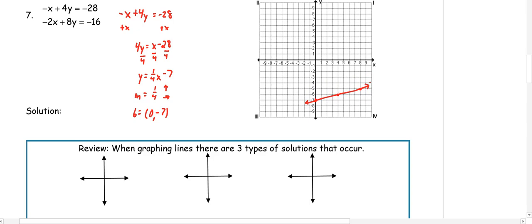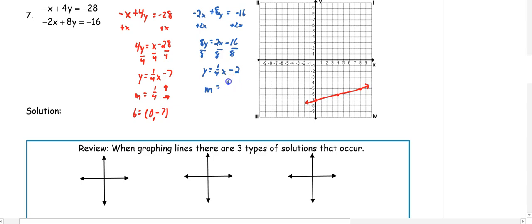And draw my line. In the second equation, negative 2x plus 8y equals negative 16, I'm going to add 2x to both sides. So I get 8y equals 2x minus 16. Divide everything by 8. y equals 1/4 x minus 2. So in this case, my slopes are the same.